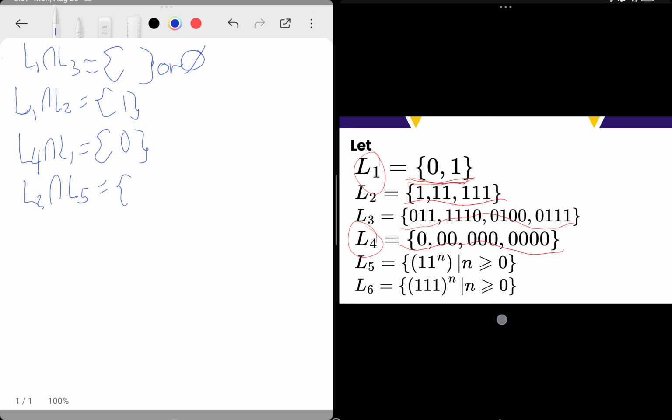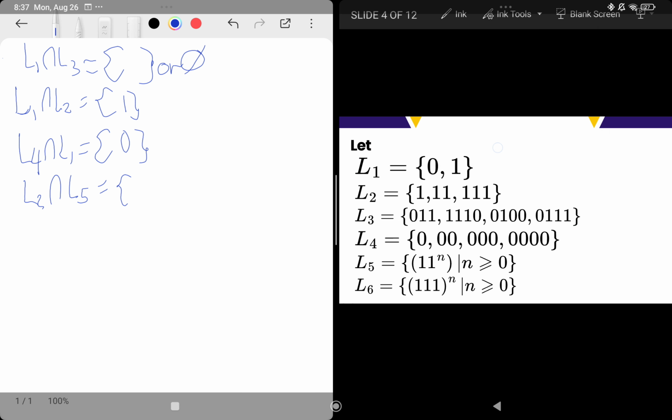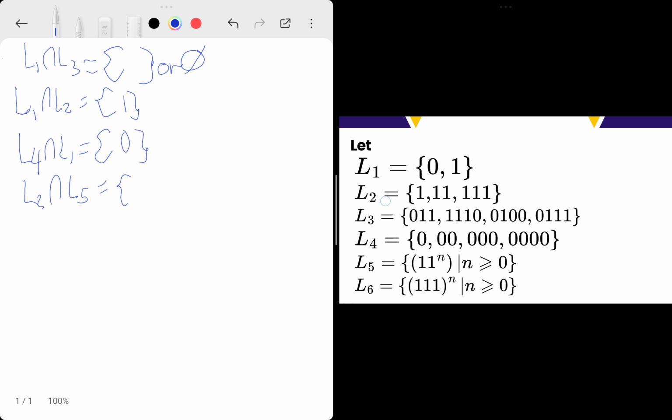So, L sub 2, okay, let's have it. L sub 2 and L sub 5. So, we need to have some literals for L sub 5 to identify the common elements.